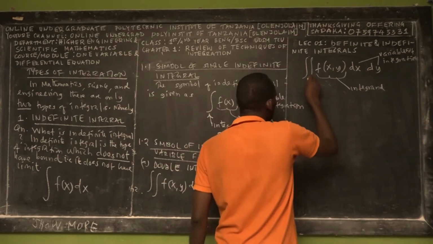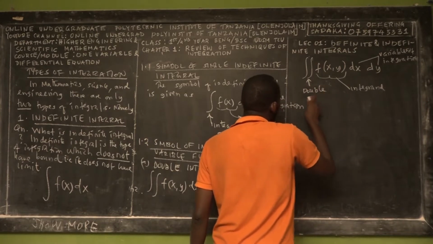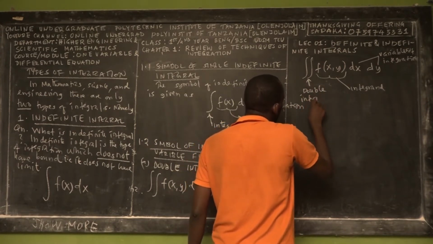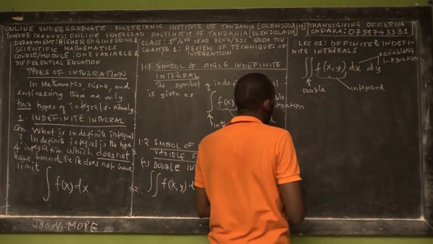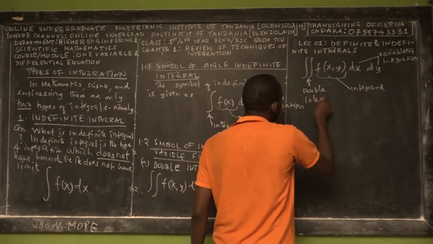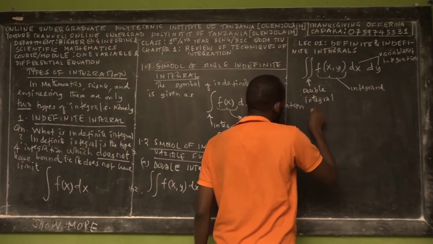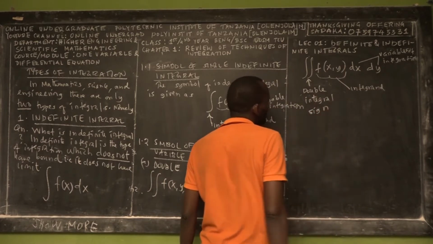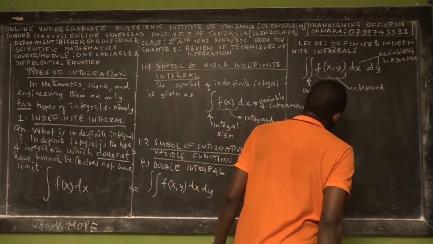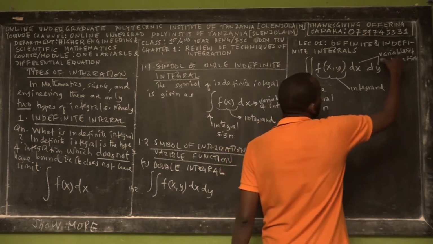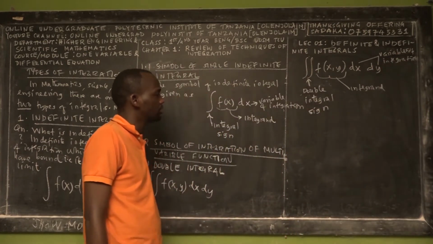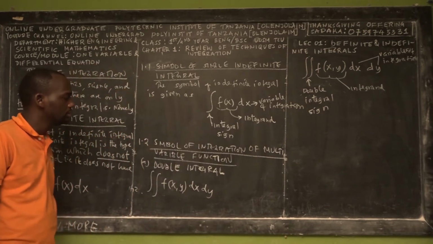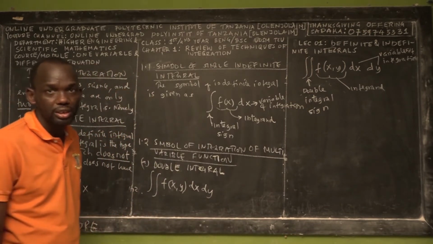So this symbol, ladies and gentlemen, represents the double integral sign. And this is the integrand. And these are the variables of what? Of integration. That is all about double integrals.